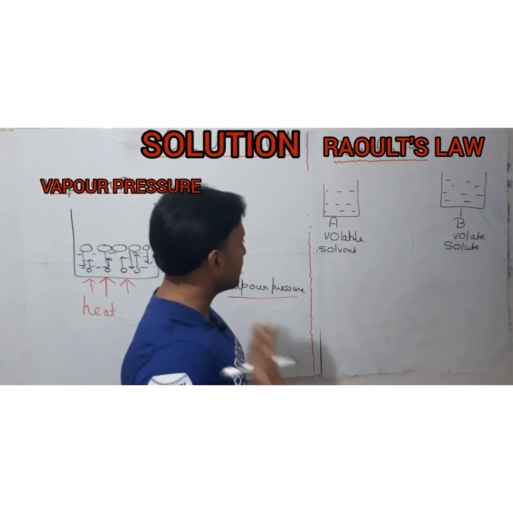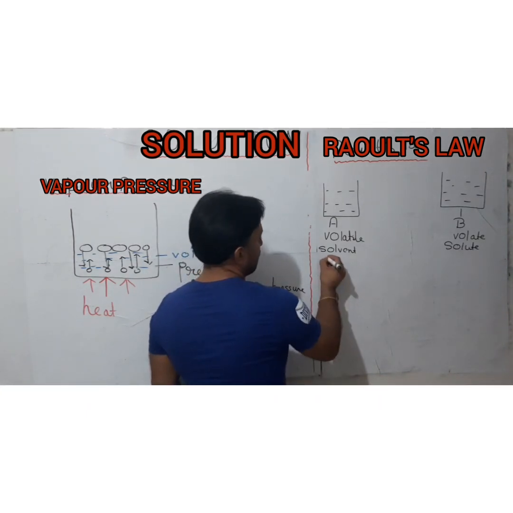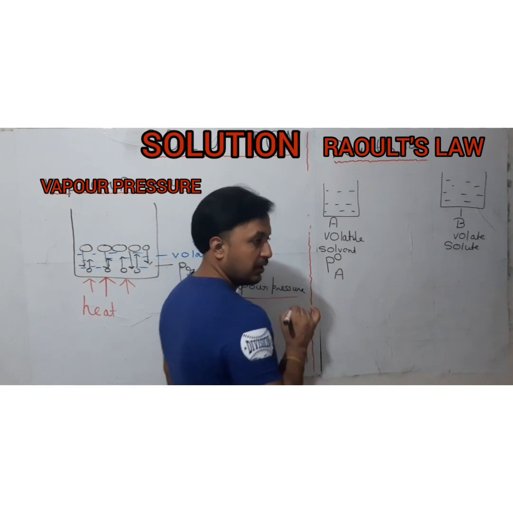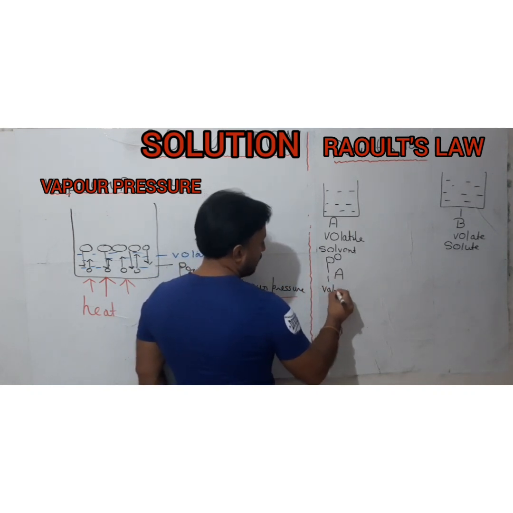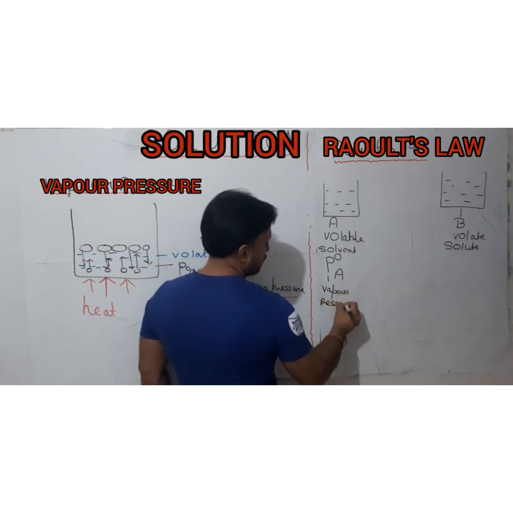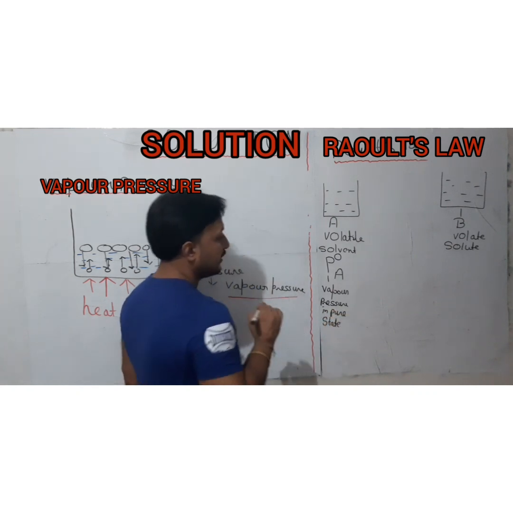So their vapor pressure in the original state will be denoted as P naught A. So what is this P naught A? The vapor pressure in pure state, when the state is pure.